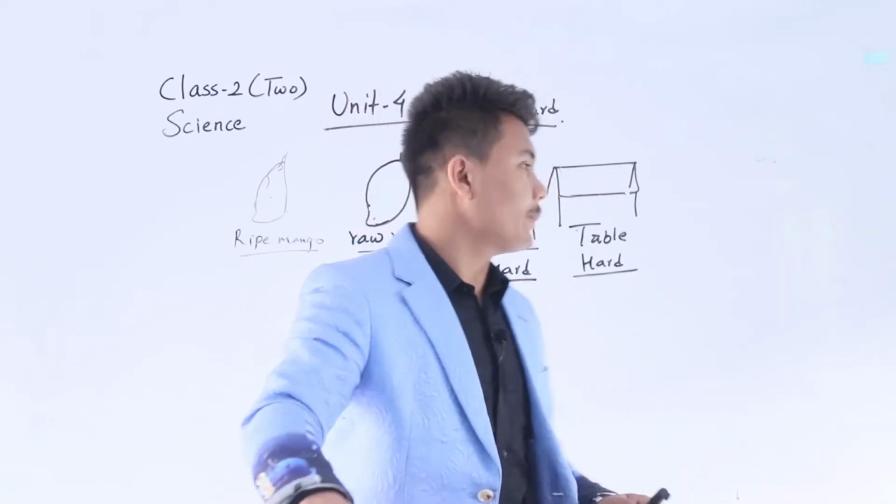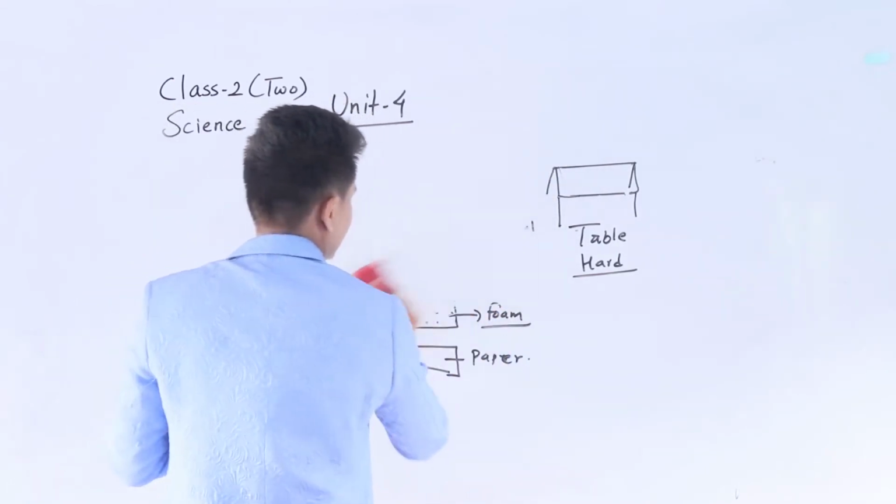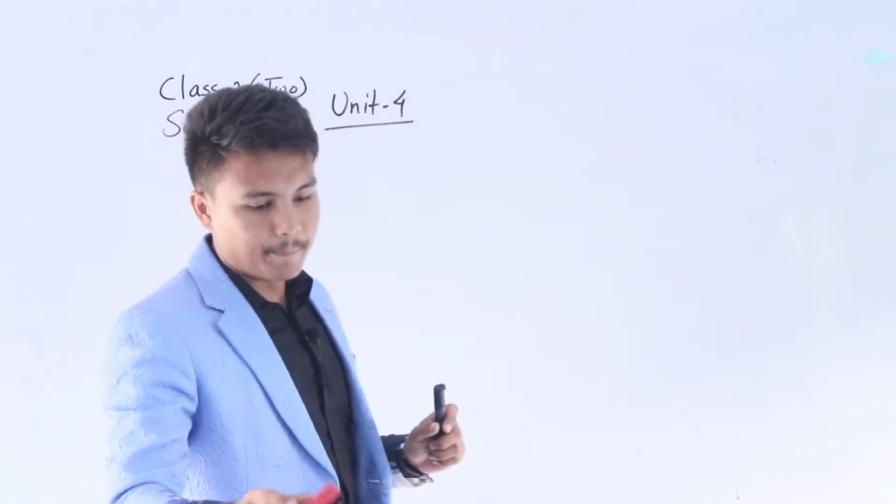So now the next topic is materials have what? Color. Materials have color, taste and odor.